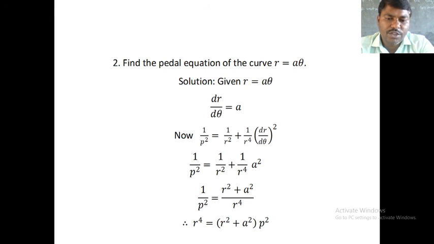After simplification, we get 1 by p square is equal to r square plus a square divided by r raised to 4. Taking cross multiplication, finally we get r raised to 4 is equal to r square plus a square into p square. So this is the required pedal equation.